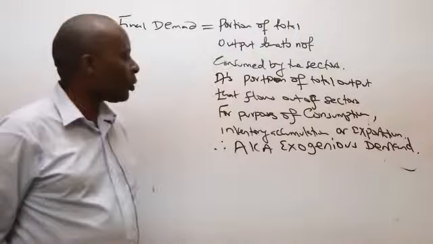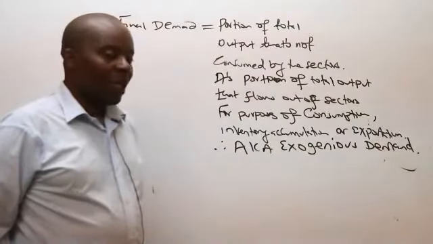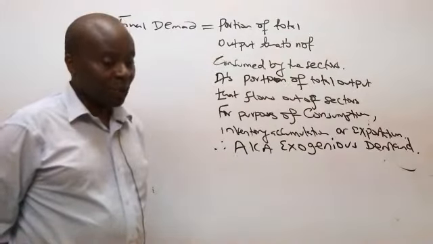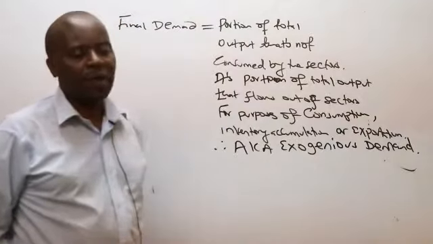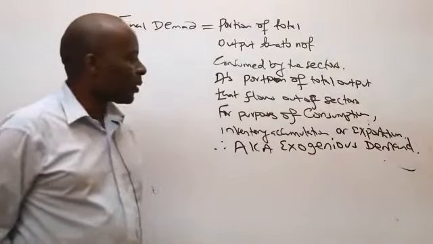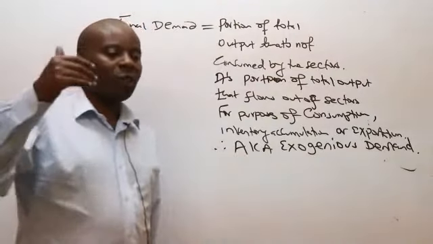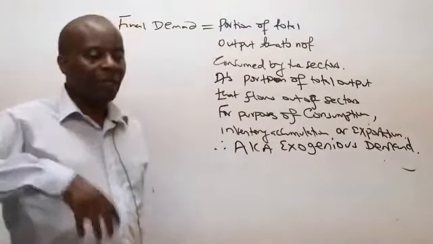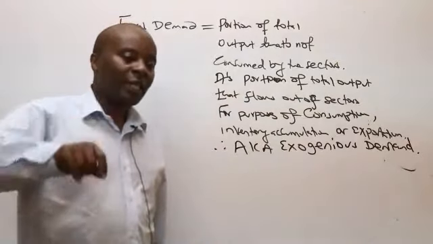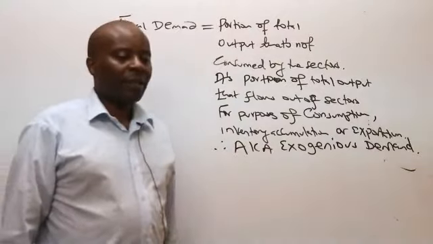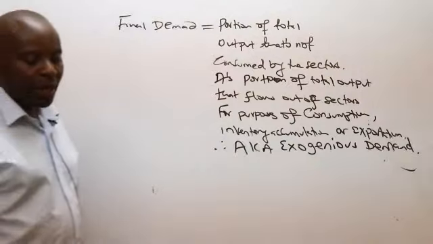It's the portion of total output that flows out of the sectors for purposes of consumption, inventory accumulation, like what we normally take to Kenya, KPCU, growers, whatever, or what is even exported out of the country. The major thing is that you're not utilizing that inside the sectors again. This is the opposite of what we call intermediate demand.